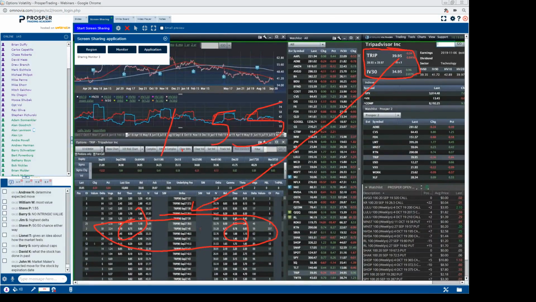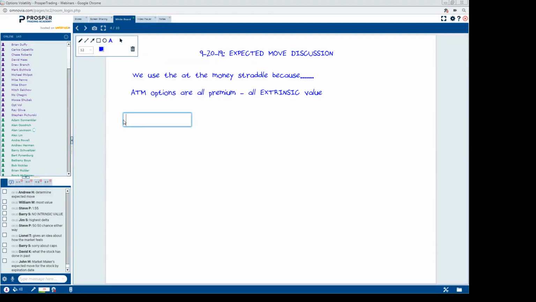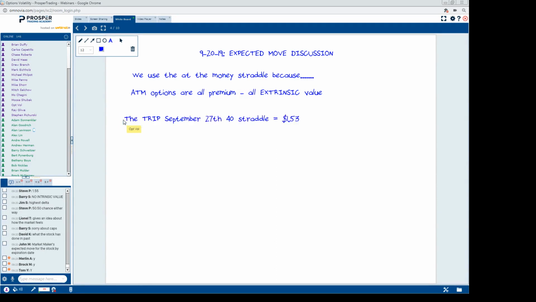Okay, everybody following along? Okay, so the TRIP September 27th 40 straddle is $1.53 with the stock trading 40.